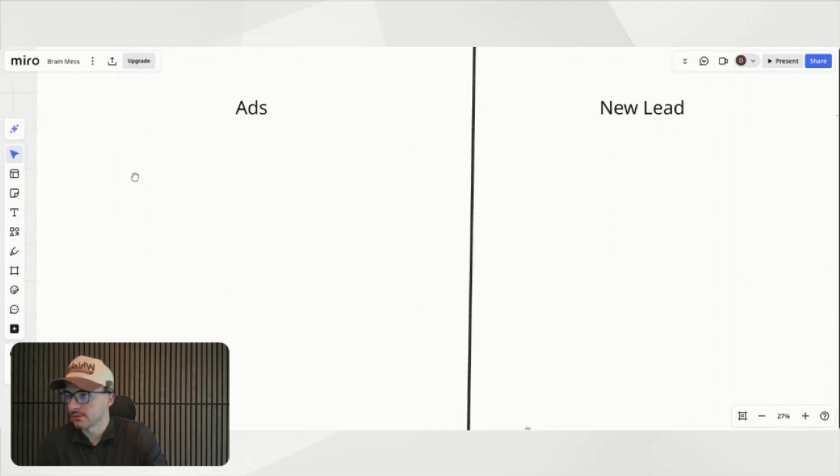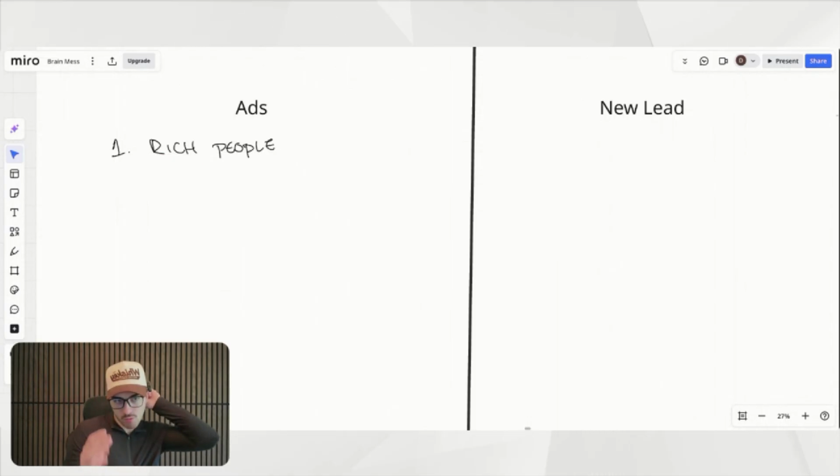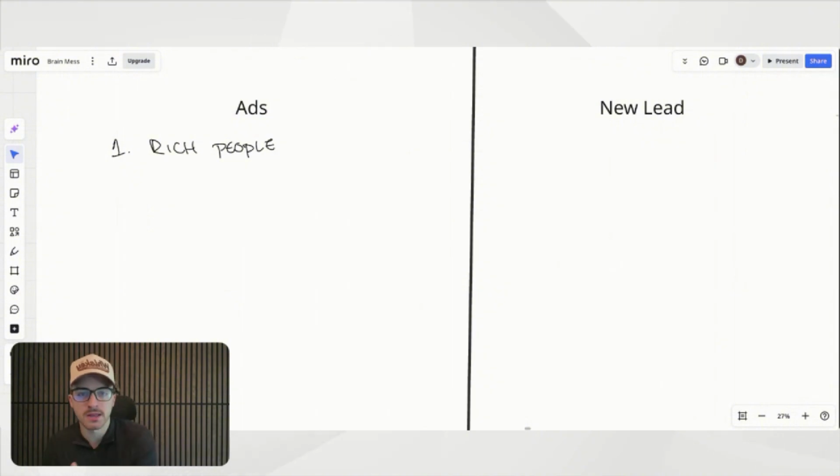So what are the important things to look for when it comes to the ads itself? If we want to increase our show rate, number one, you need to be talking to rich people. Why do I say that? The reason is that if you want someone to show up, if you want someone to respect your time, let alone their own time, that's typically going to be your high-end business owner, the person who actually owns a business, not the person who's in the business and operating in it. It's the person who's running the business and takes a step back, has people that they're managing, and has people managing the people that are working.